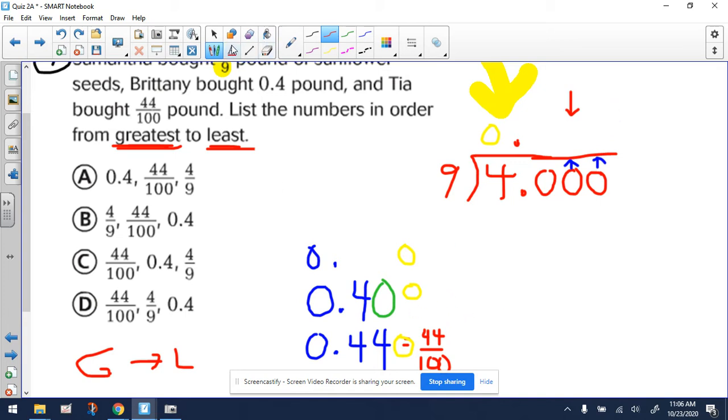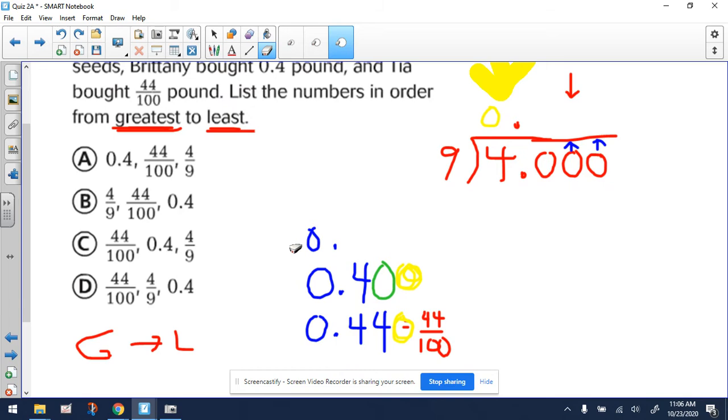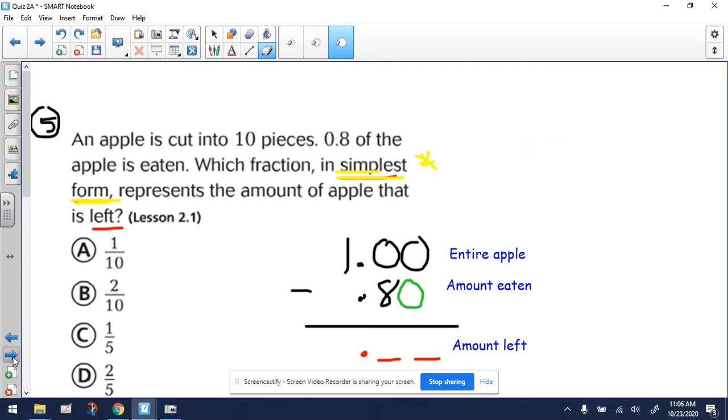And remember that if we clarify how many thousandths we have, here we have no thousandths and here we have no thousandths. So if this is something other than 0, that helps you to differentiate which is going to be the greatest out of the set, because you want to find the one that's the greatest. All right, so you might need to pause this so that you can write this stuff down. Otherwise, let's take a look at question number 5.